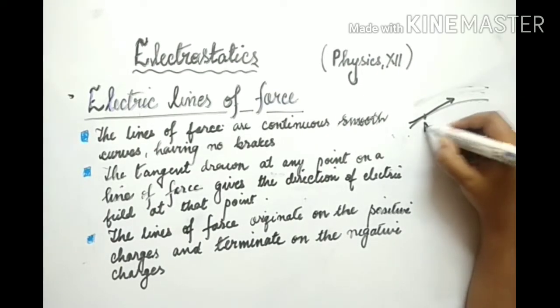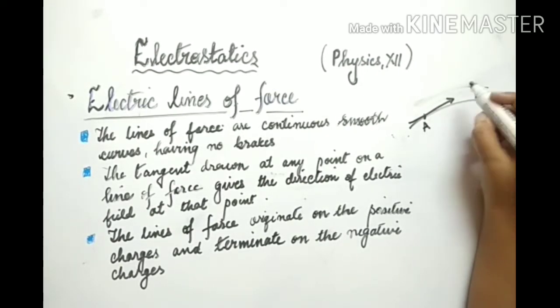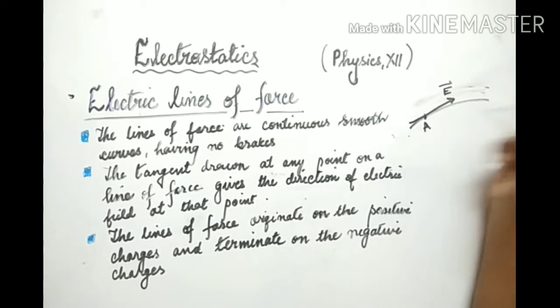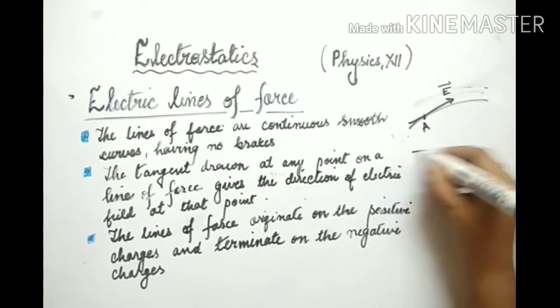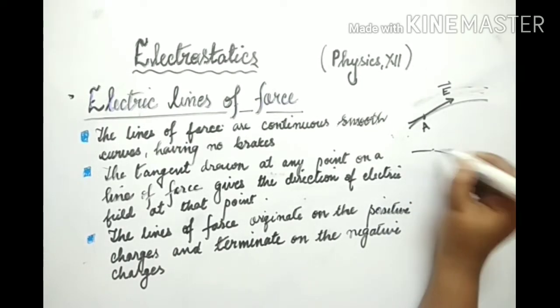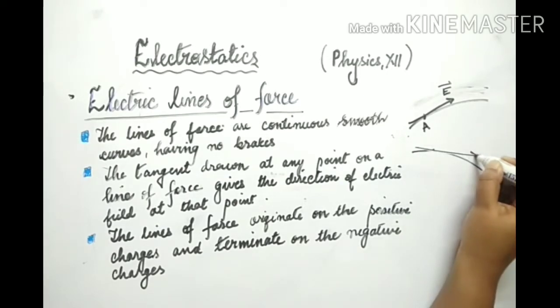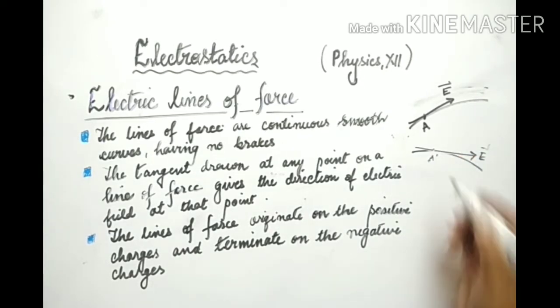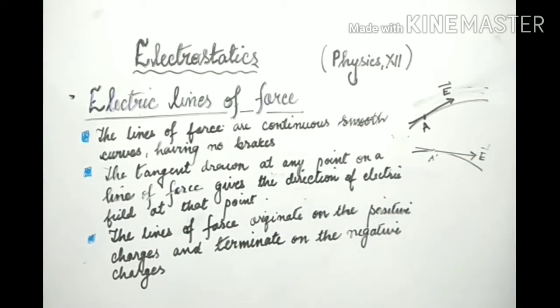If this point is A, the tangent at this point will give the direction of electric field at this point. Now if you consider a point like this, the tangent drawn on the curve will give you the direction of the electric field at that point. So that is the meaning of this line.